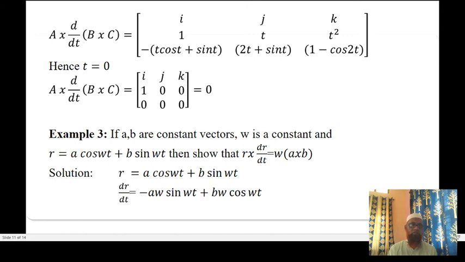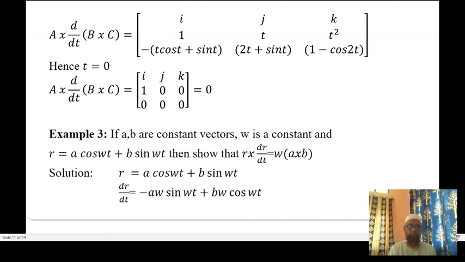Here cos t is cos 0 which is 1, but t is 0, so the third row first term is also 0. Second term, put t equal to 0, sin 0 is 0. 1 minus cos 2 times 0 means cos 0, 1 minus 1 is 0. So a cross d by dt of b cross c equals the determinant i, j, k; 1, 0, 0; 0, 0, 1. If you simplify, we get equal to 0.